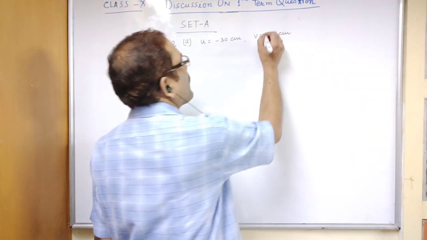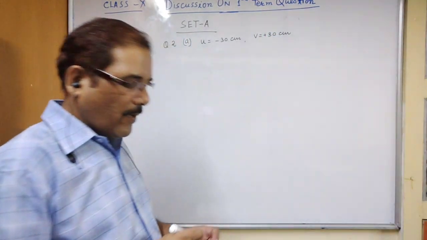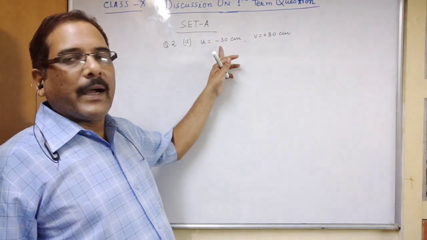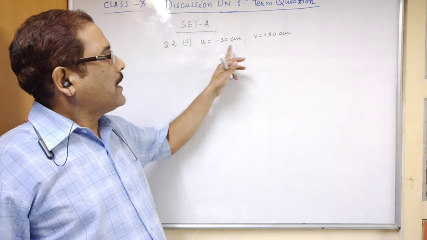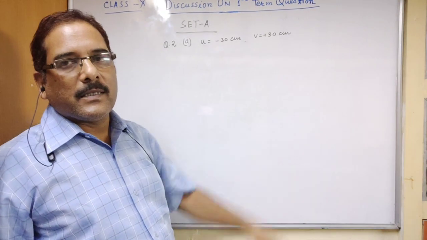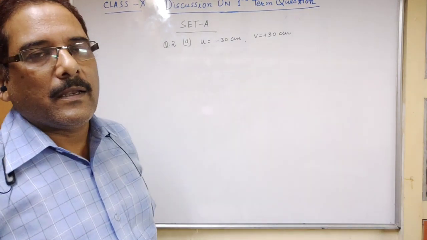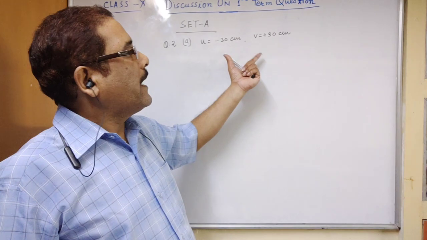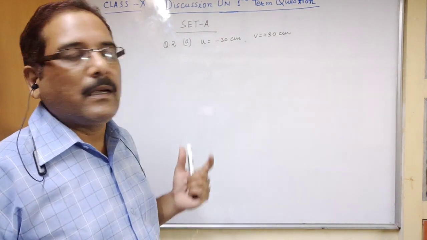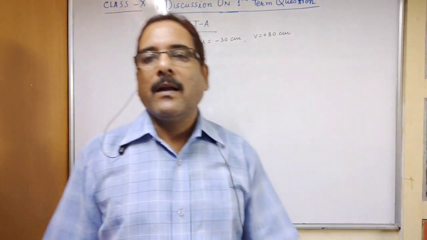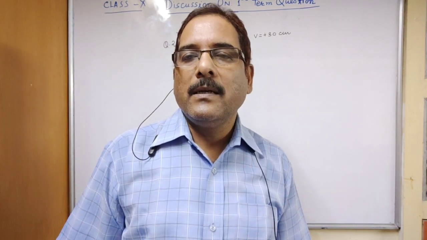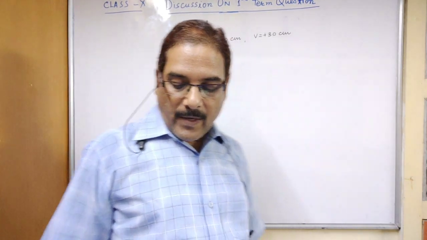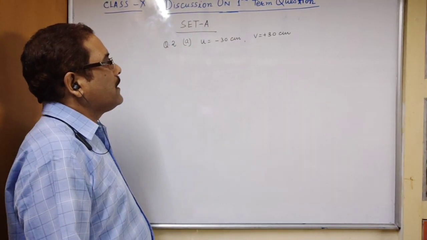There is a table for object distance and image distance. So when the object is at minus 30 centimeter, the image is found at plus 30 centimeter. This indicates that the object is at the center of curvature, because you know that when the object is at C, the image is also found at C. So it means center of curvature.